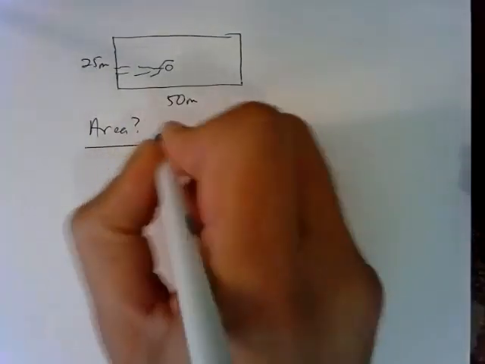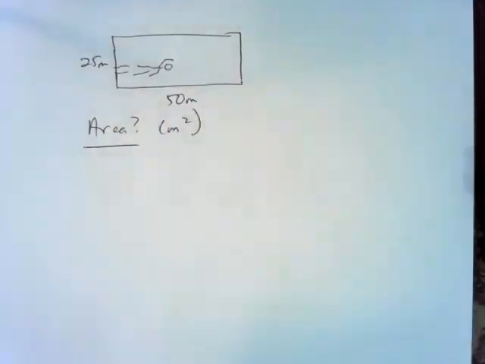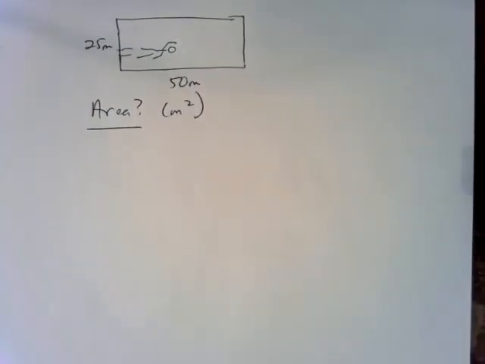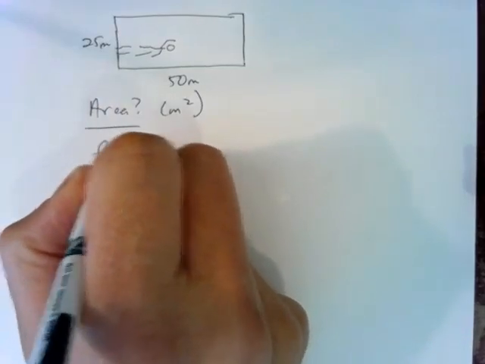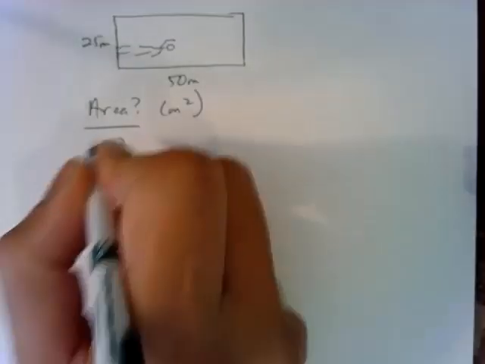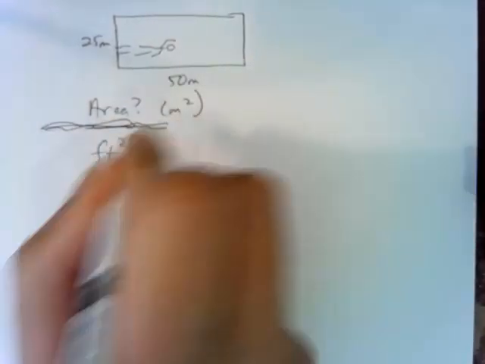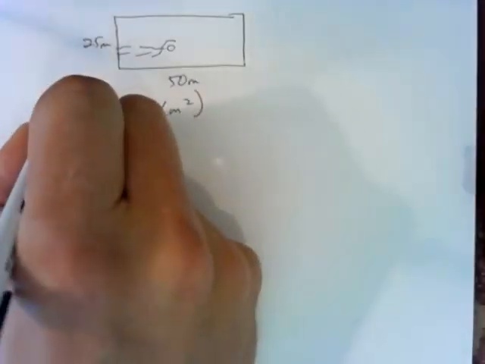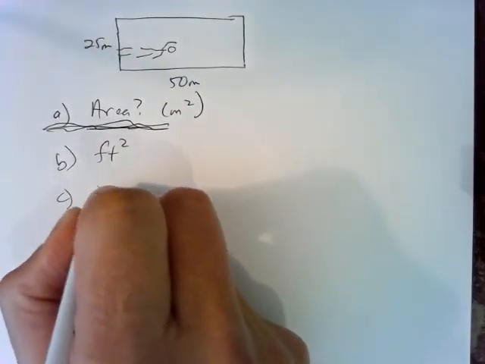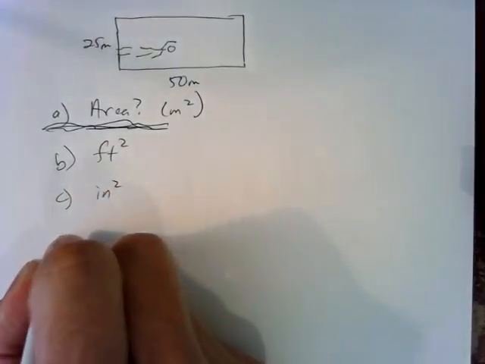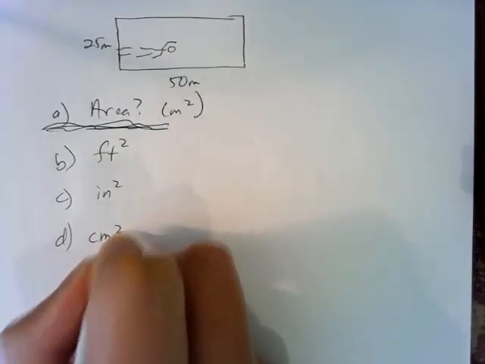So the first thing that we're going to do is figure out the area in meters squared. But after you figured out the area in meters squared, what I'd like you to do is figure out the area in feet squared. That looks like a fraction. It's not a fraction. So first task is area in meters squared, then in feet squared, then in inches squared, and then finally D in centimeters squared.